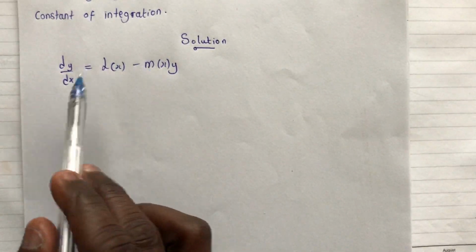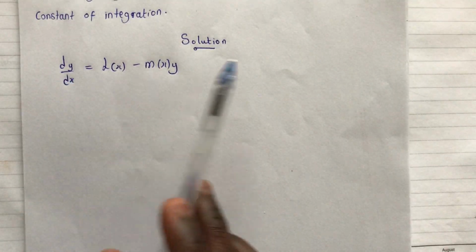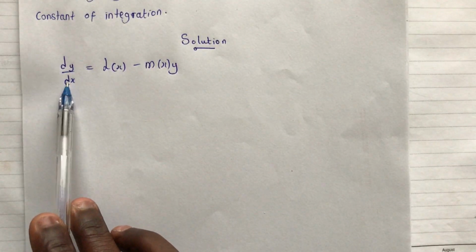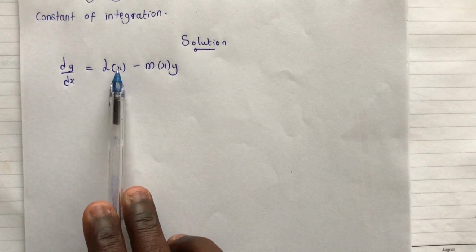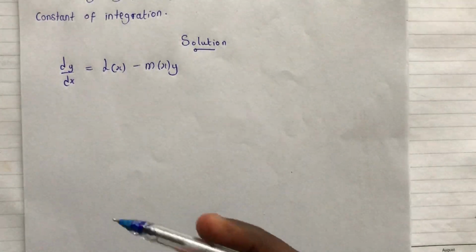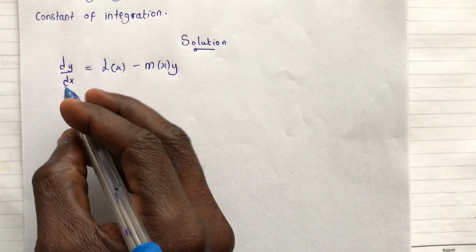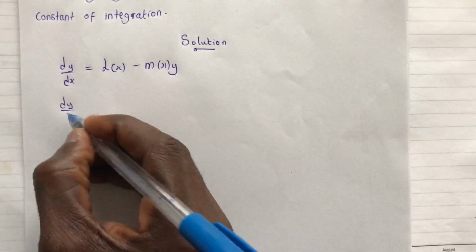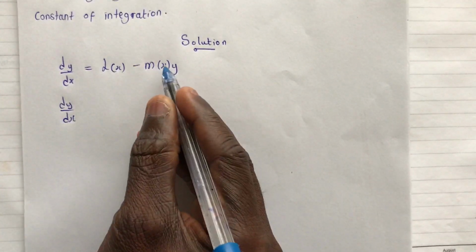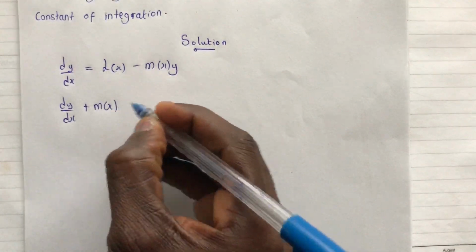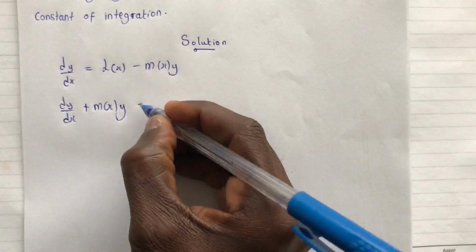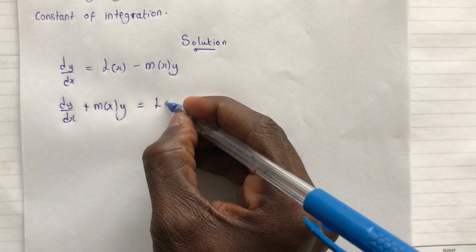So we need to rearrange this equation because it's supposed to be in terms of dy/dx and the variable y, then equal to the next function L of x. So this becomes dy/dx, when I cross it to the other side, plus m of x times y equal to L of x.